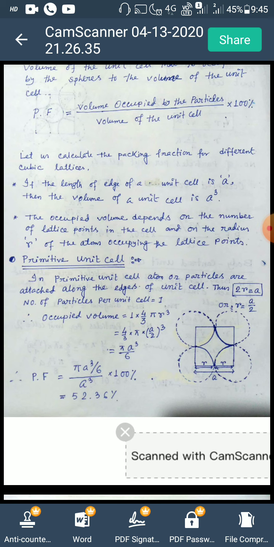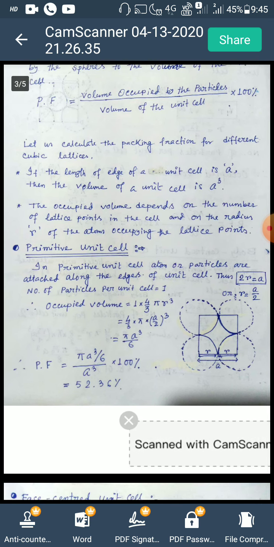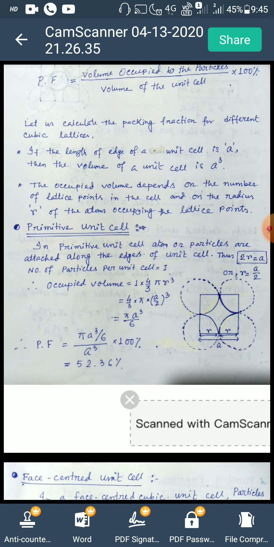In the case of the face centered unit cell, the total number of particles is 4. In the case of the body centered unit cell, the total number of particles or molecules is 2. So you have to remember the number of particles or lattice points in the cubic unit cell. The occupied volume depends on the number of lattice points in the cell and on the radius r of the atoms or particles occupying the lattice points.